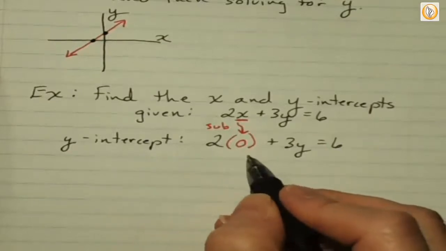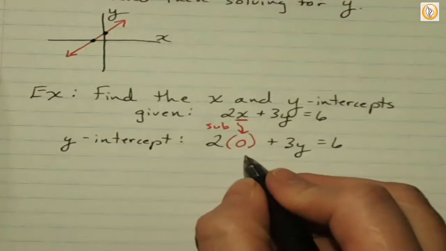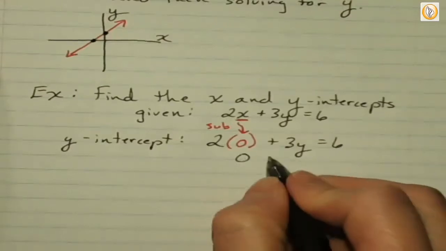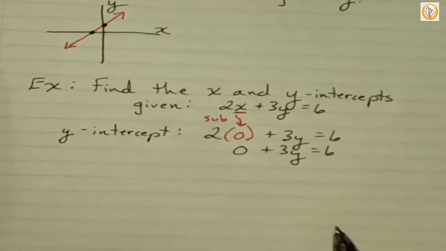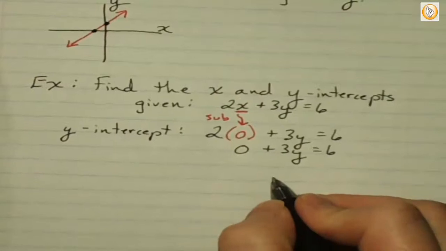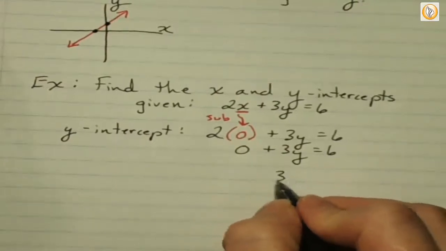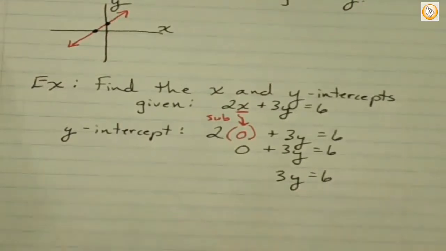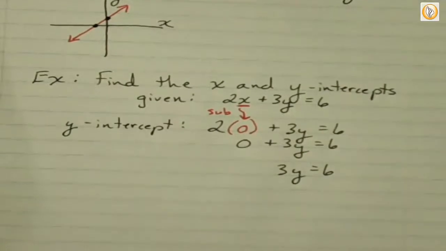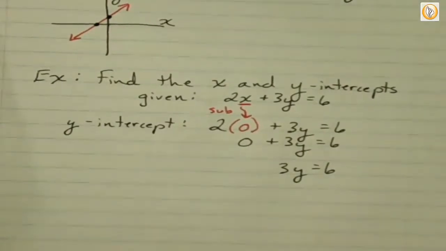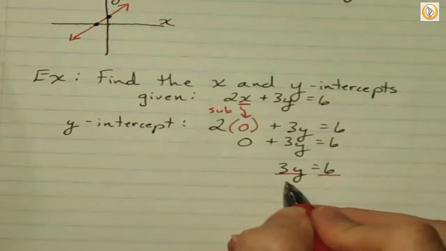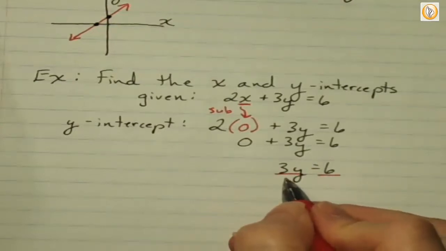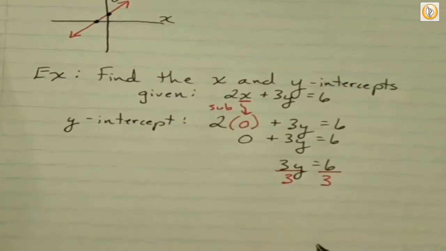So 2 times 0 is, all together now, 0. So 0 plus 3y equals 6, which is the same as 3y equals 6. Now what do I do? You divide 3y by 3 on both sides.